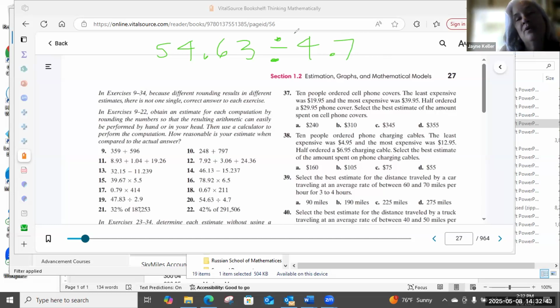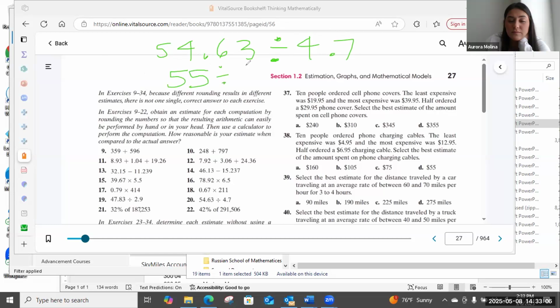So I want to find a number that's close to this number, but also divides nicely into whatever I'm going to round this one to. And this one's not too bad because if I round this to the nearest whole number, what would I get? 54.63. 55. That's right. And then if I round this to its nearest whole number, I get 5, don't I? So 55 divided by 5 is 11.